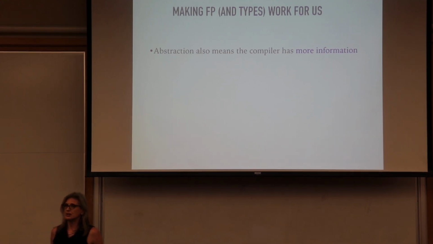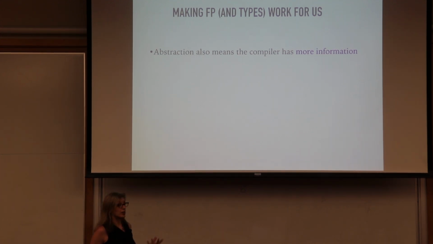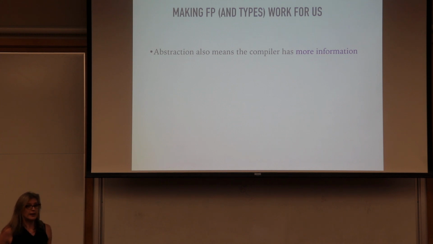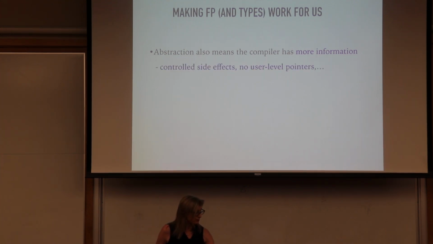The good news is, there are not just downsides to abstraction. Especially in the parallel context, abstraction actually helps a lot because the compiler has a lot more information than in an imperative language. So it can, at least in theory, do a lot more aggressive optimizations.